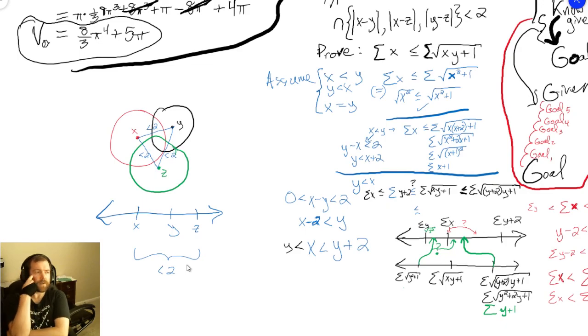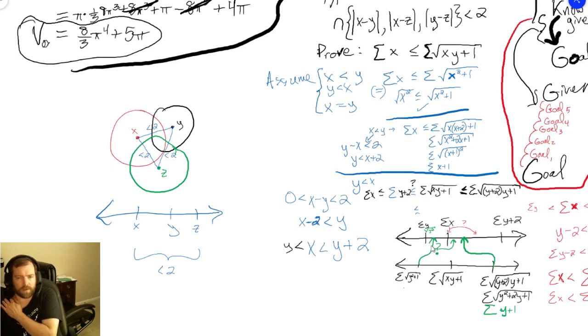Yeah, so I suspect this needs to be proven that it's within certain bounds. So like I was saying over here, if we can get the sum of all x's to be guaranteed between the square root of y squared plus 1 and the square root of y squared plus 2y plus 1, or y plus 1.